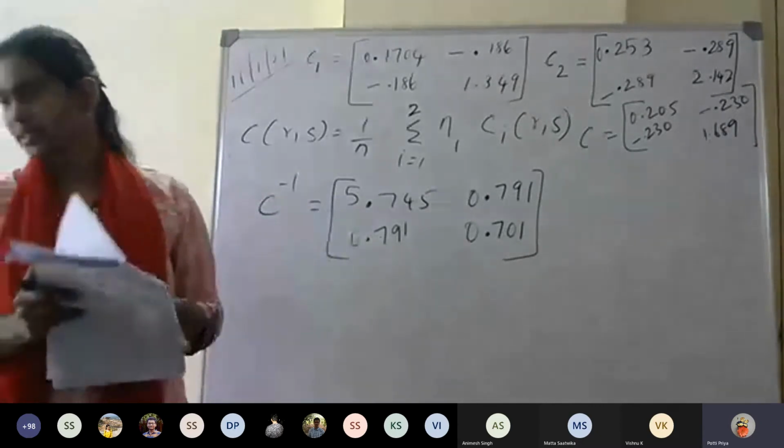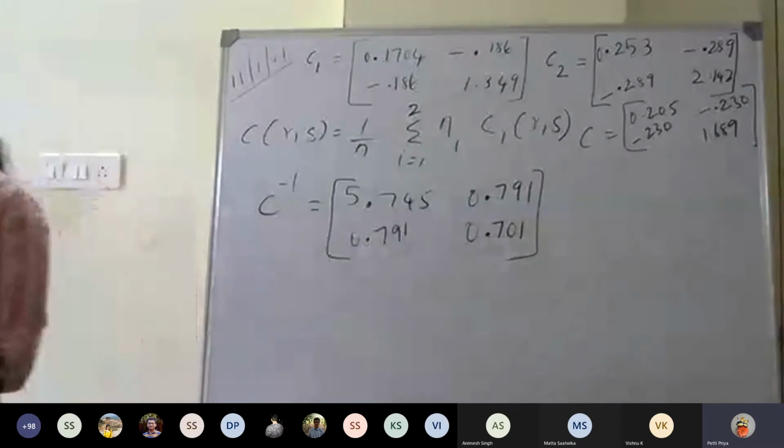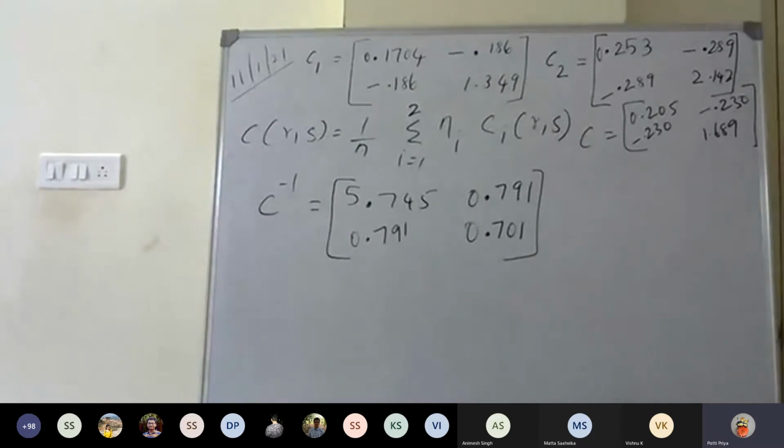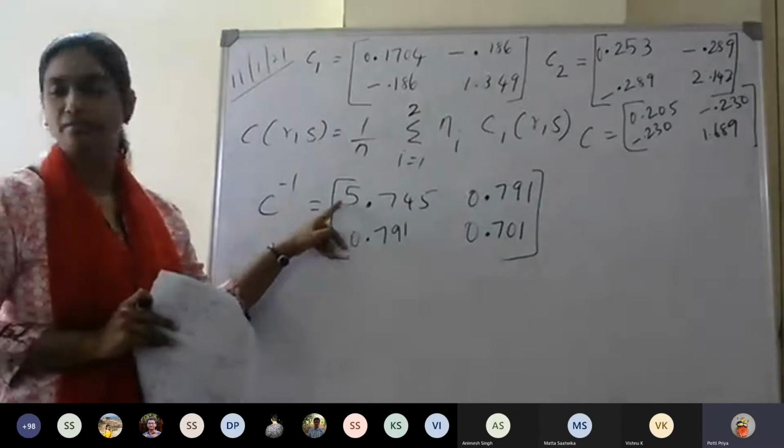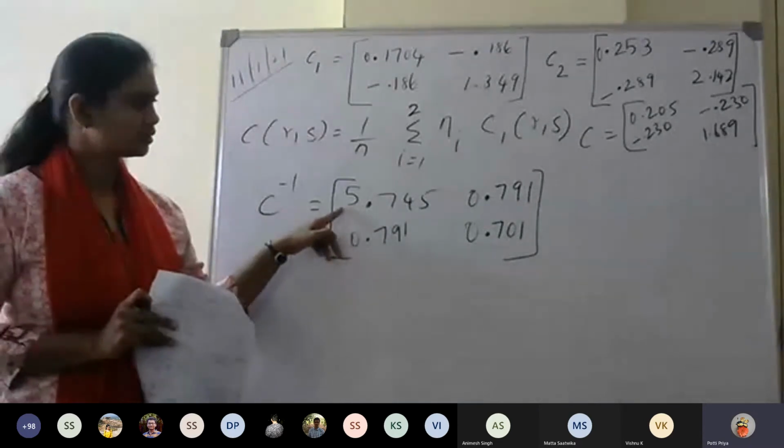Okay. Anybody else is getting a different value for C inverse? Maybe slight difference will come. What value you got, Priya? 4.2315.